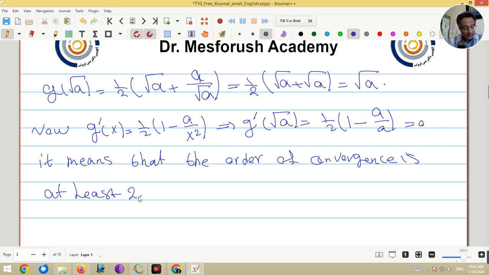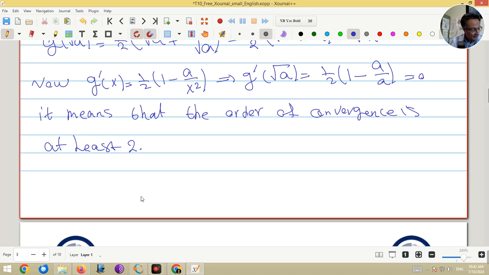Now we have to prove that the order of convergence is exactly equal to 2.